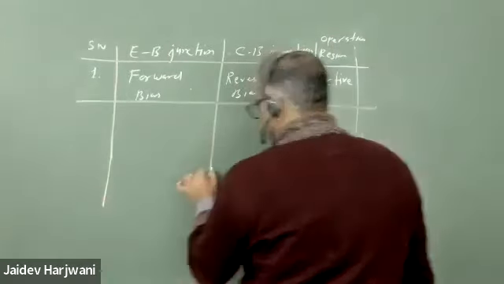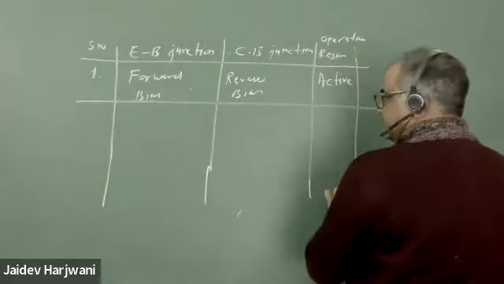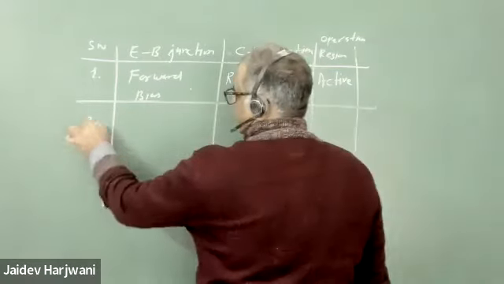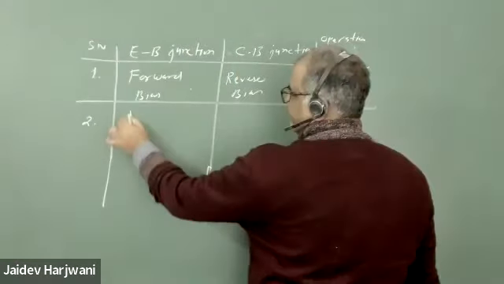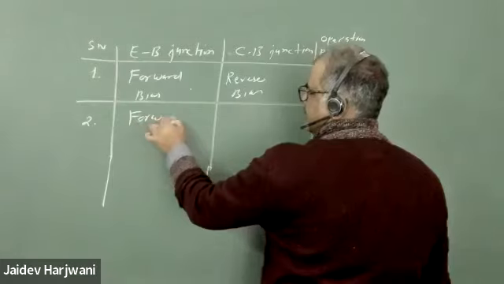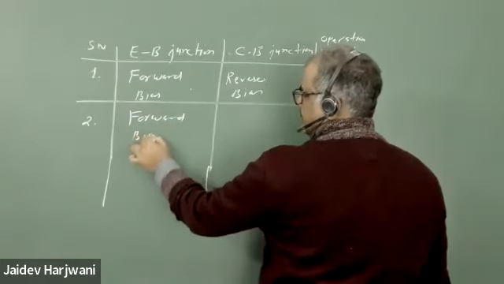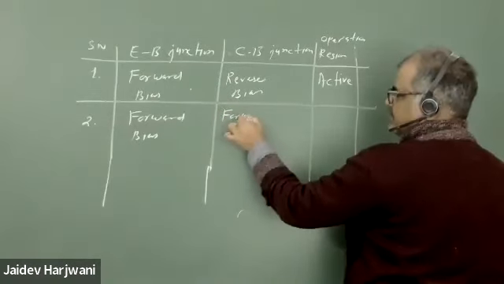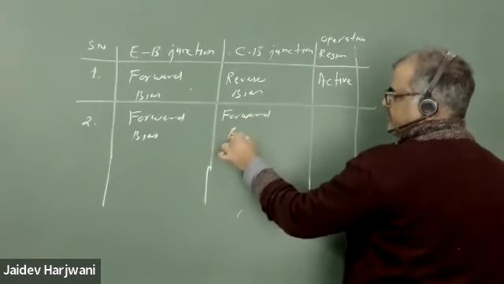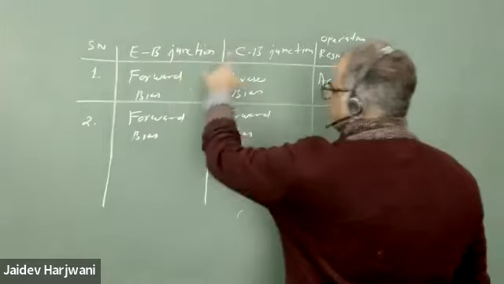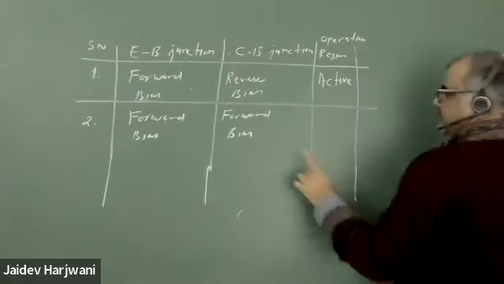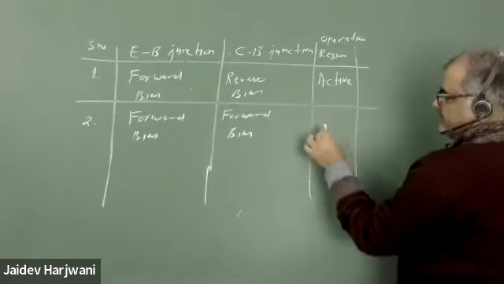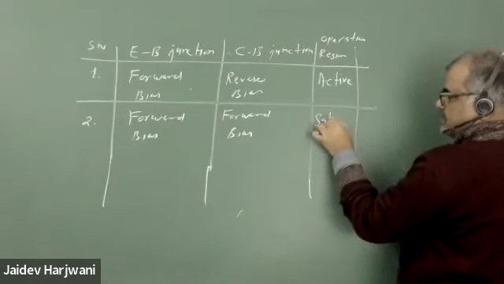Now the second type of biasing is that you can make this forward bias, and this is also forward bias, both forward bias. When both the junctions are forward bias, the operation region of the transistor will be the saturation region.